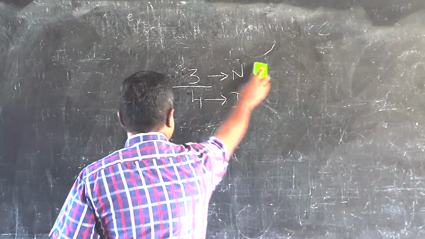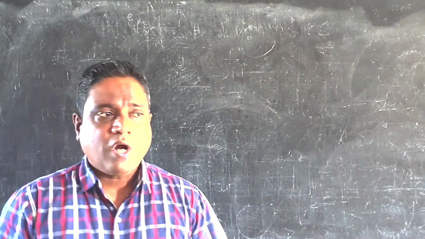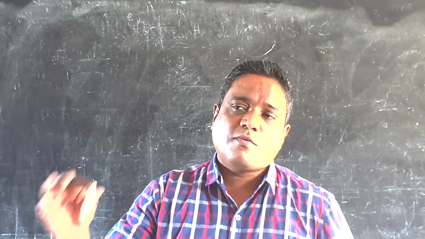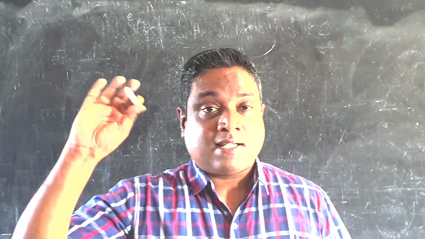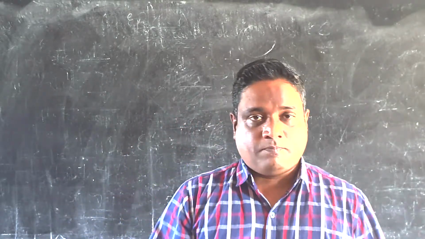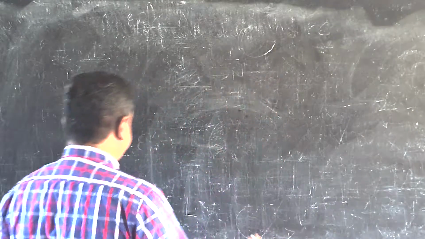The first one is a proper fraction. What happens in a proper fraction? A proper fraction is a fraction wherein the numerator is less than the denominator.